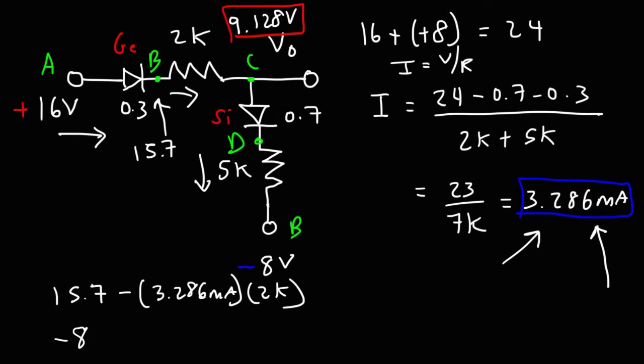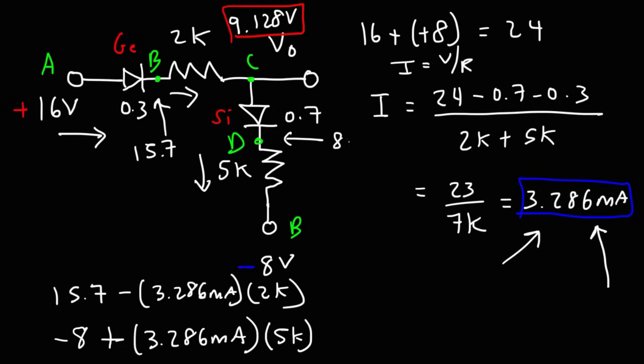So to get the potential at D, because we're going up against the current, we need to add as opposed to subtract. It's the current flowing through the 5 kilo ohm resistor, times 5 kilo ohms. So negative 8 plus 3.286 times 5 gives us the potential at point D, which is 8.43 volts.